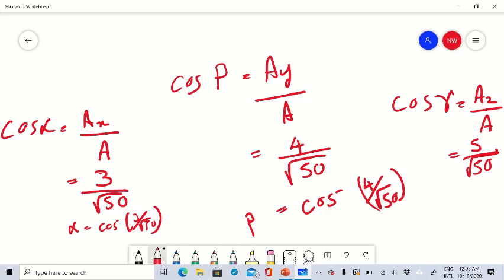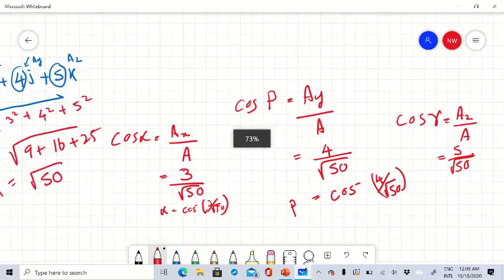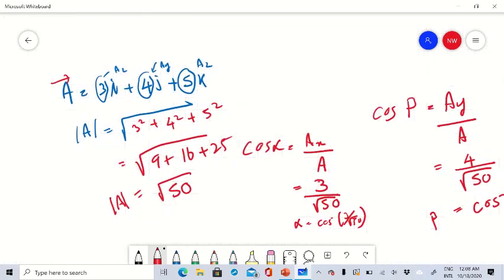So likewise, you can find out the coordinate direction angles, right? So if you are given any vector in xyz space, then you can find the magnitude of the vector and the coordinate direction angles.